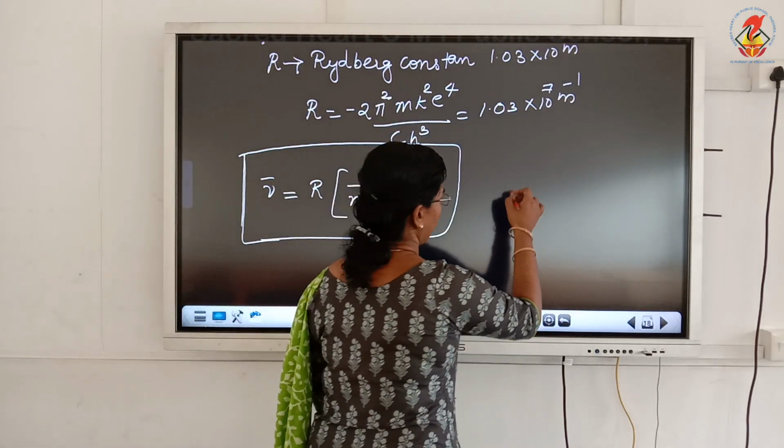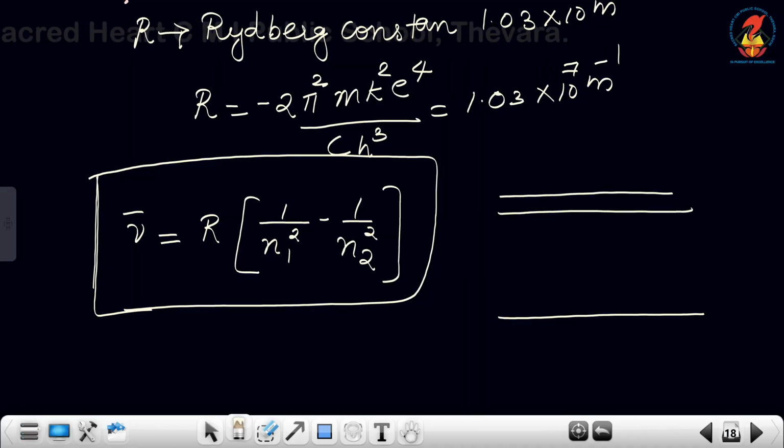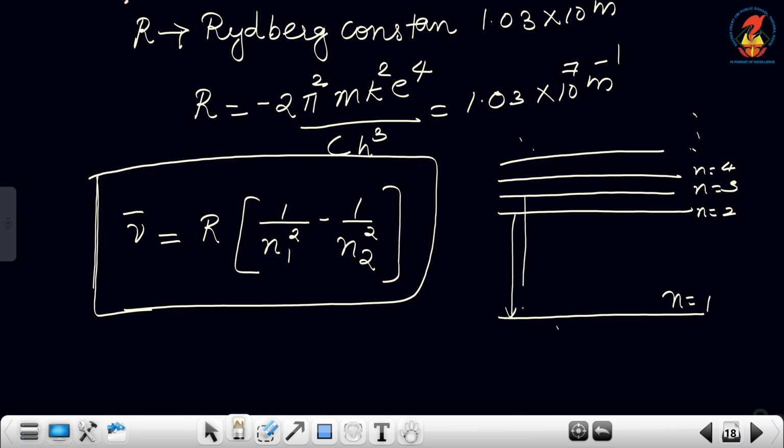Now, in the previous videos, we saw energy levels represented by certain parallel horizontal lines: n is equal to 1, n is equal to 2, n is equal to 3, n is equal to 4, etc. Now, if the electron from a higher energy state, that is the excited state, jumps to the ground state, then it forms a series of lines known by the name Lyman series.